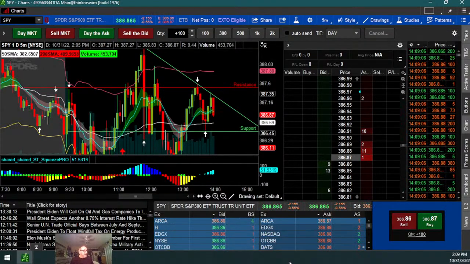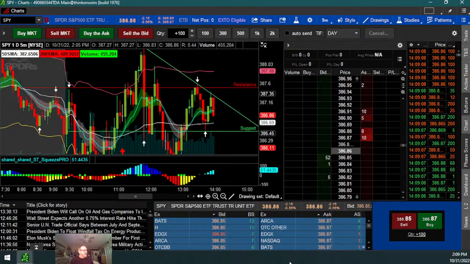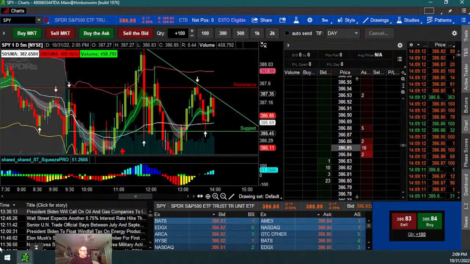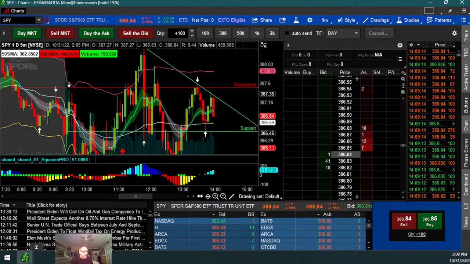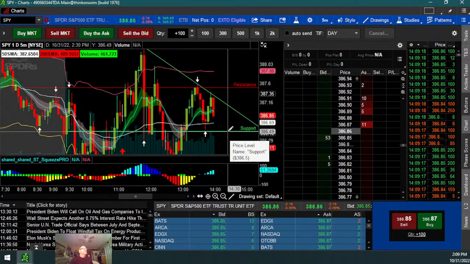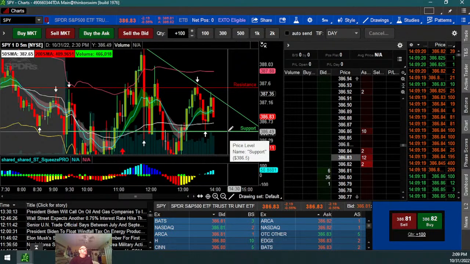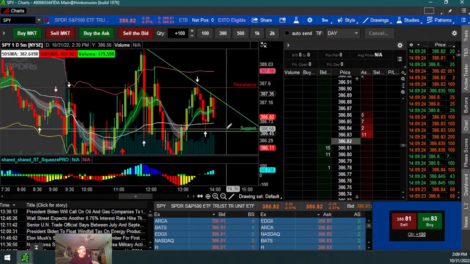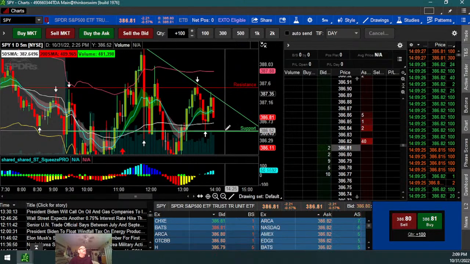So, anyway, we're still pulling back. Bears are taking over right now. We're headed back towards that VWAP again. I don't know where our support is at that time. Probably back to 386.50. And what did I put it at? I have it at 386.50. There it is. See, I'm consistent at least. It's probably a little higher than that, probably 380. It's not that far.